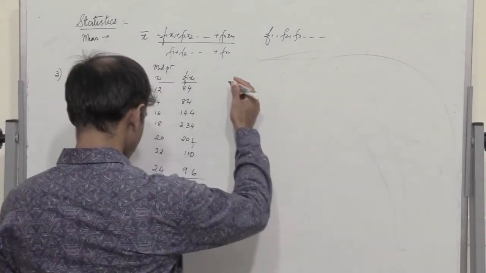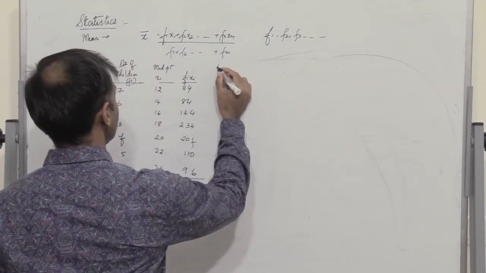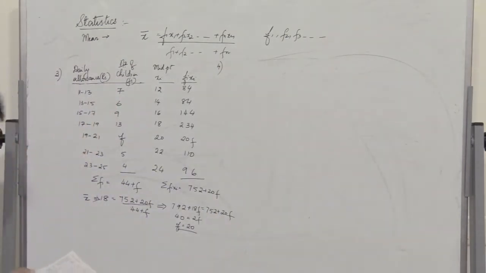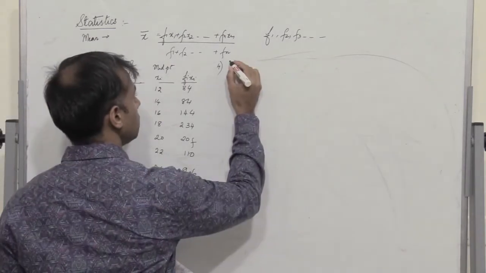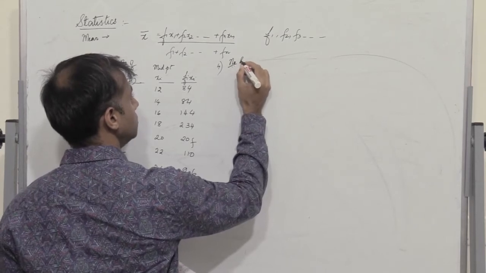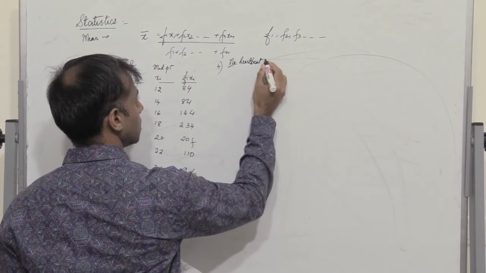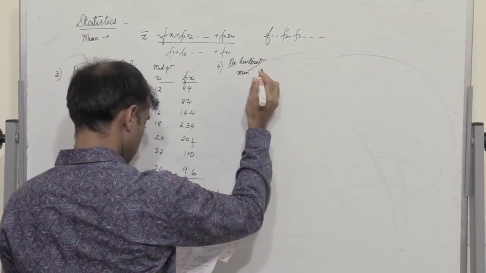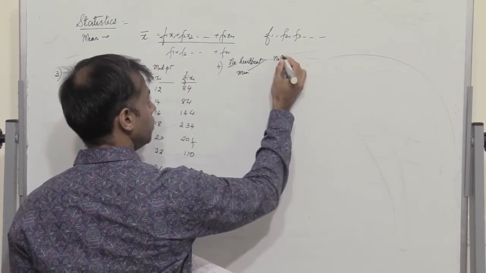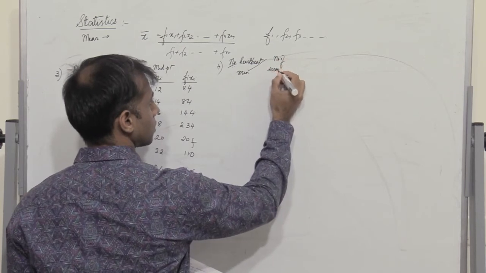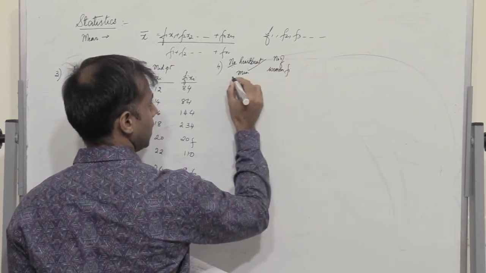The fourth problem: there are 30 women whose heartbeat is recorded per minute. We need to find the mean heartbeat per minute. So we have number of heartbeats per minute and number of women, which is fi.